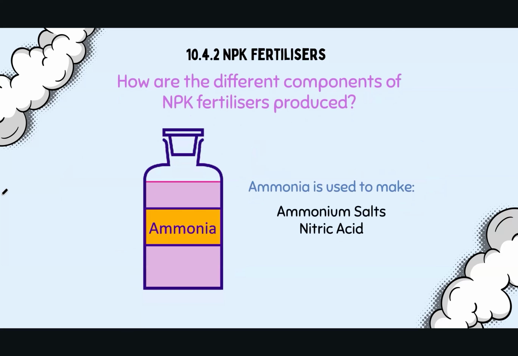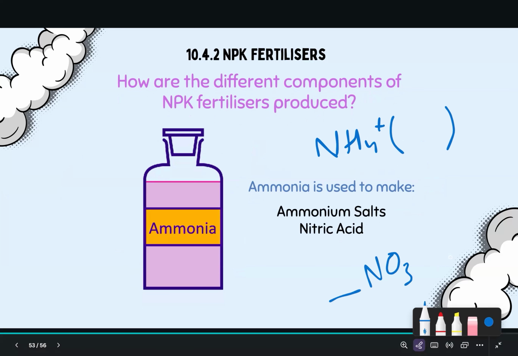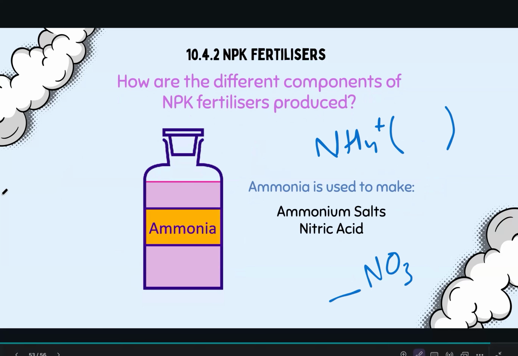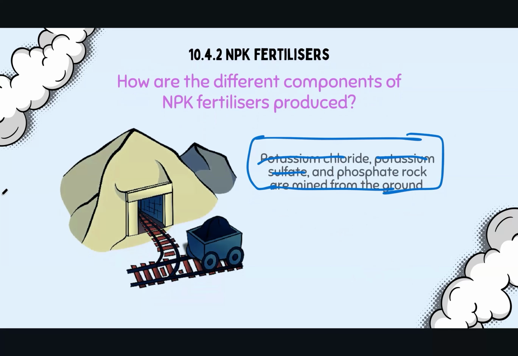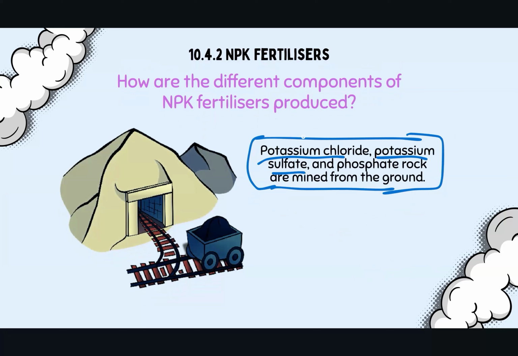An ammonium salt is NH4+ with something attached to it. Nitric acid, when it reacts with something, makes a nitrate, so it makes something NO3. If this is part of the fertilizer, that provides the nitrogen, whereas the potassium chloride, potassium sulfate, or phosphate rock provides the potassium and the phosphate.